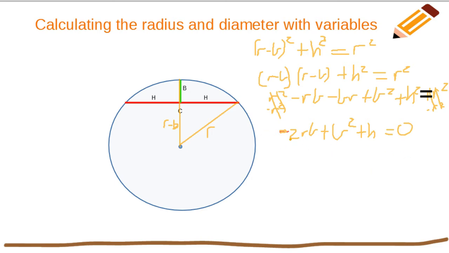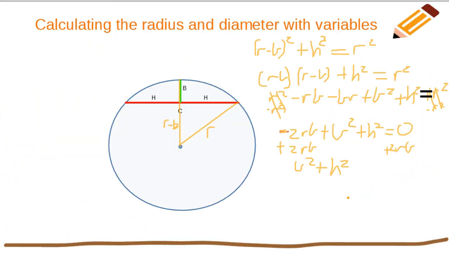Now because I want this to be positive, I'm going to have to add 2rb to both sides. 2rb to both sides, and that's going to make this cancel out, meaning we go straight to b squared plus h squared.